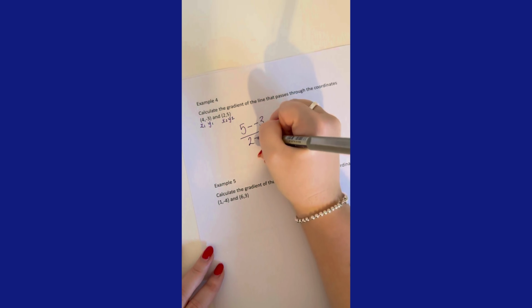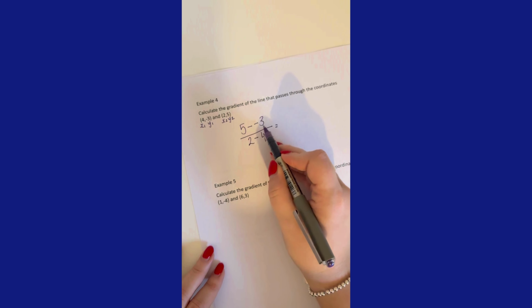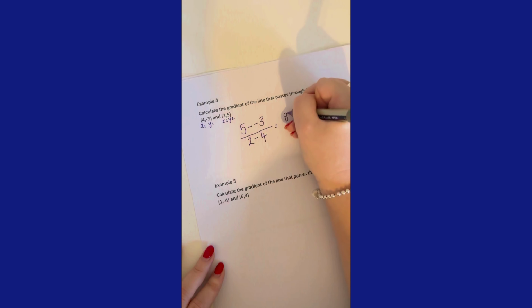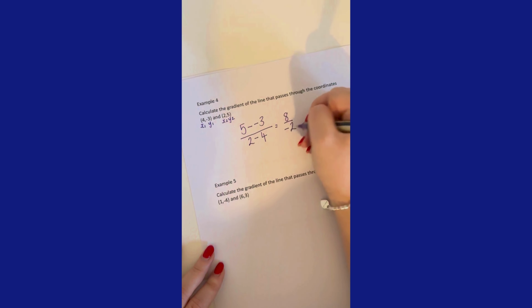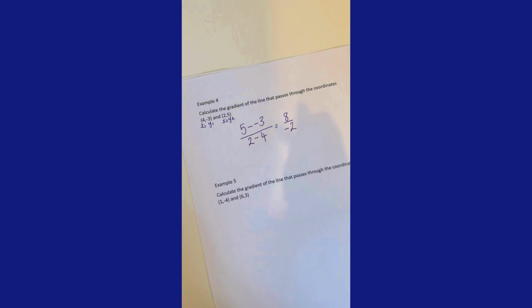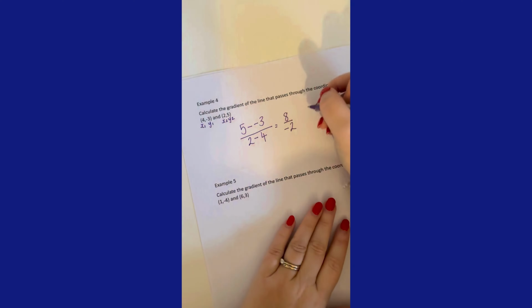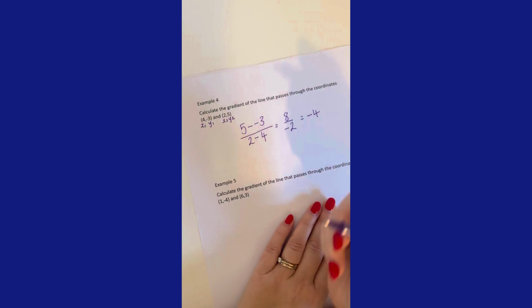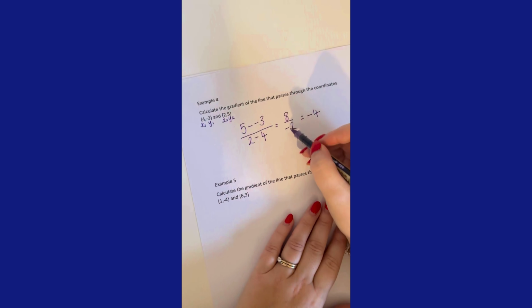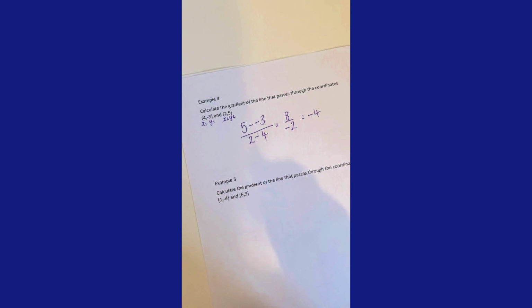Remember, this double negative here becomes a plus, so this becomes 5 plus 3. 5 plus 3 gets me 8, and then 2 take away 4 gets me minus 2. We can then simplify that, so we're going to do 8 divided by minus 2, and that's going to get me a gradient of minus 4. Okay, remember, a positive divided by a negative gets us a negative number.